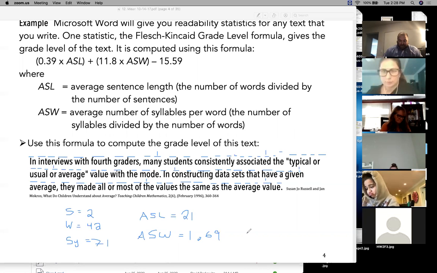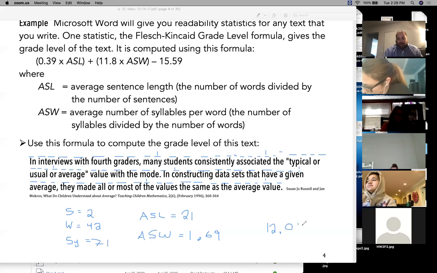So 0.39 times the ASL, 21, plus 11.8 times the ASW, minus 15.59. This gives me a 12.04 grade level. So according to Microsoft Word, this was written by a 12th grader, which seems relatively appropriate, correct?